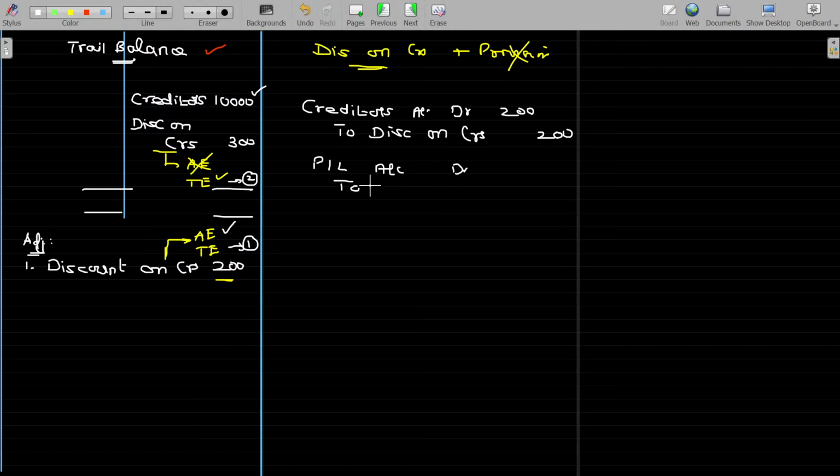Discount on creditors should be debited and to profit and loss account, sorry, it's the revenue, so it should be credited, I missed that. The 300 for which the adjustment entry is already passed, and the 200 adjustment entry just now passed, both put together will be transferable to the P&L account. So 300 plus 200, 500 rupees should be transferable here.